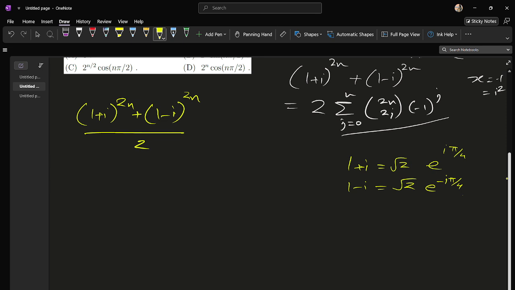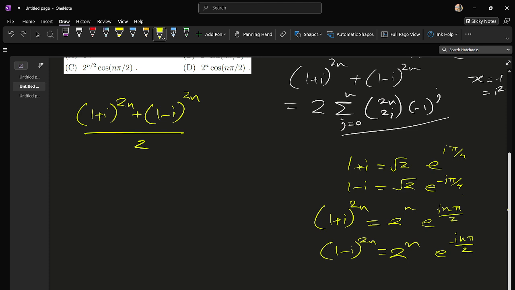Thus 1 plus i to the power 2n equals root 2 to the power 2n, that is 2 to the power n, times e to the power i n pi by 2, and 1 minus i to the power 2n equals 2 to the power n times e to the power minus i n pi by 2.